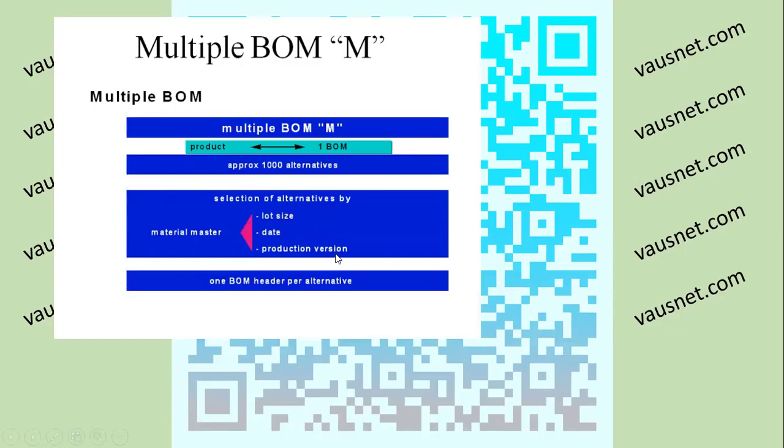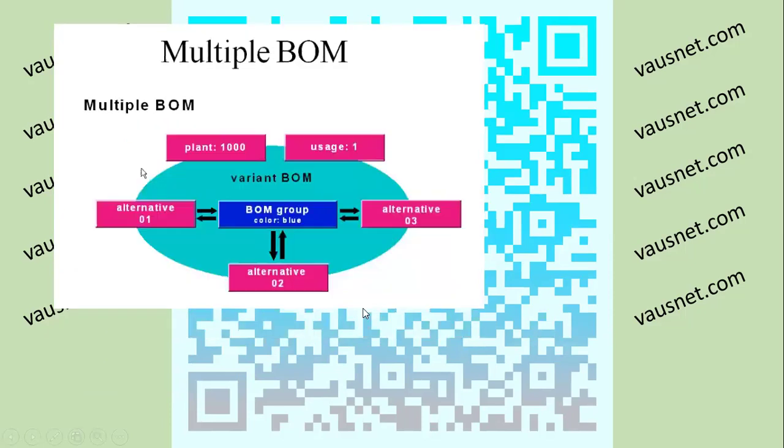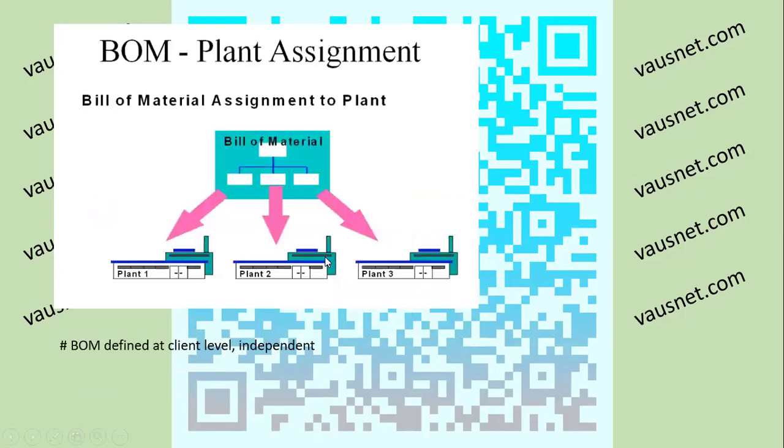I've already told you the Italian and Chinese version. One BOM header per alternative, one BOM header for Italian, one BOM header for Chinese. Variant BOM again has multiple BOMs. We've already seen that.